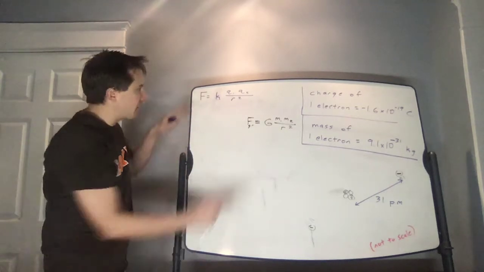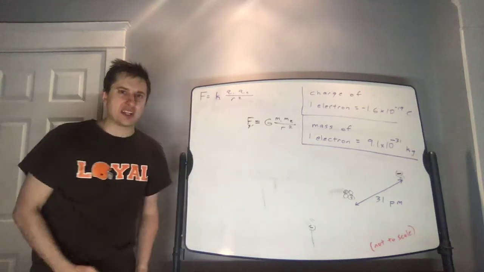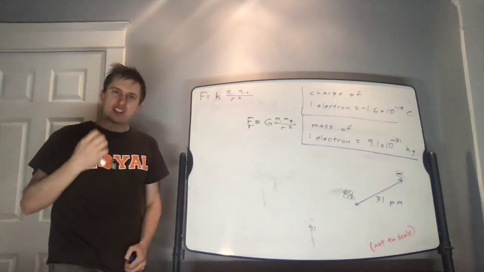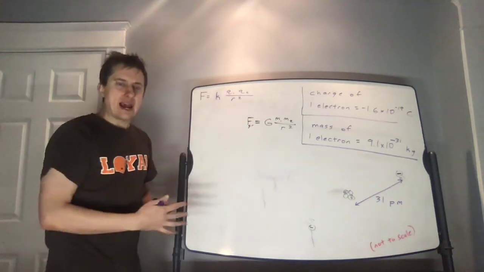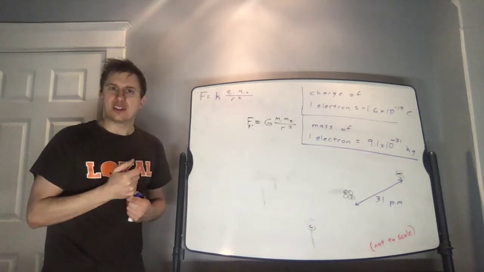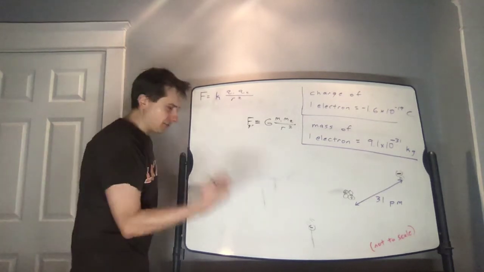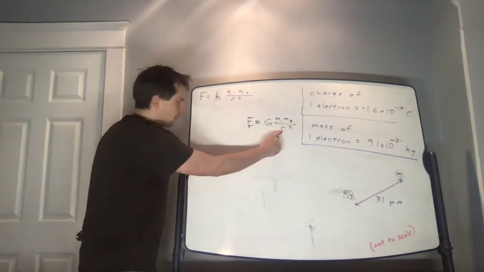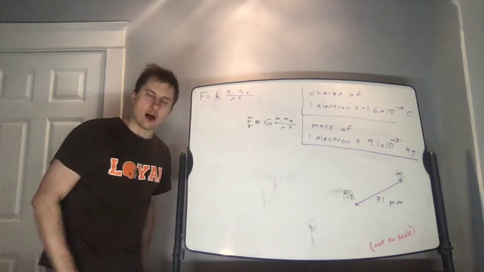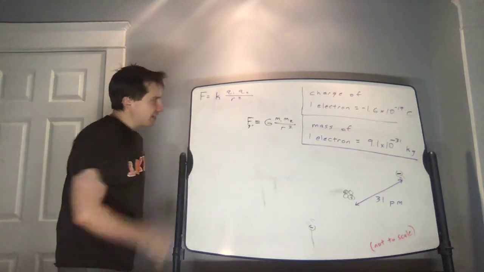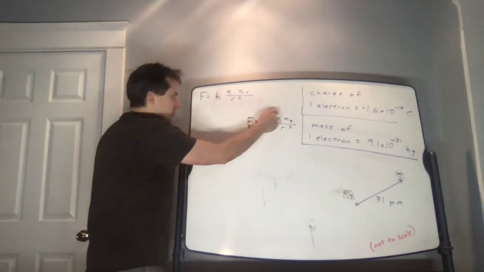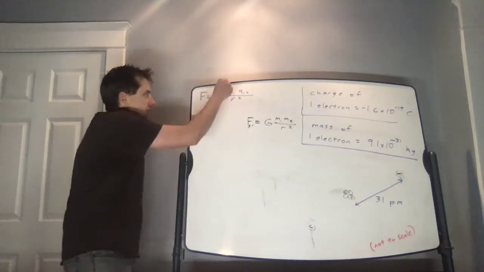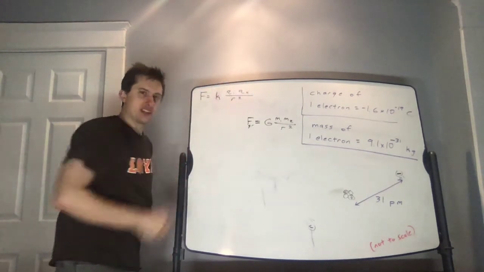On the left-hand side of the equal sign, you have a force. On the right-hand side, the force gets weaker and weaker as your distance increases between the particles. Specifically, the force gets weaker as 1 over r squared for both gravity and Coulomb's law. In the gravitational force, we have the product of the two masses. In Coulomb's law, we have the product of the two electric charges.